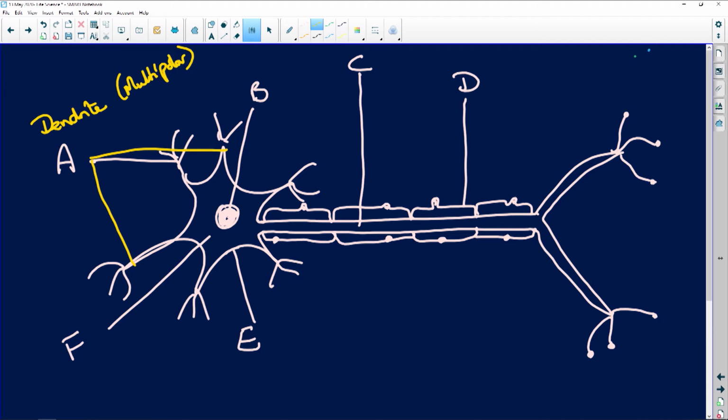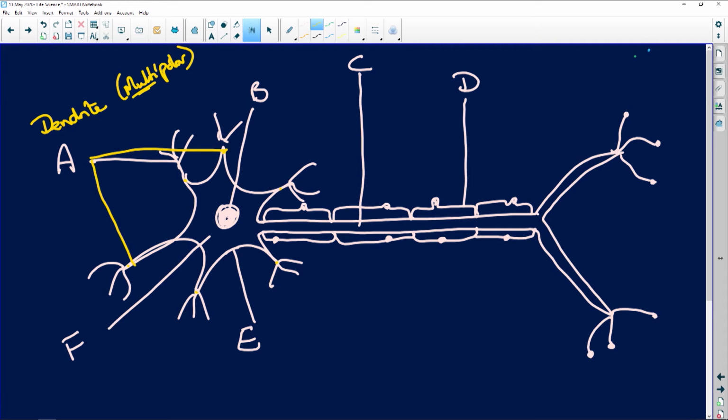There's a pole, and there's a pole, and there's a pole, and there's one. So this one's got 1, 2, 3, 4, 5, 6 poles. Okay, it's multipolar. That's number one.